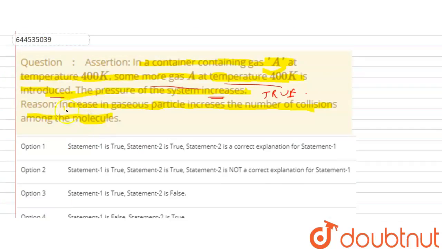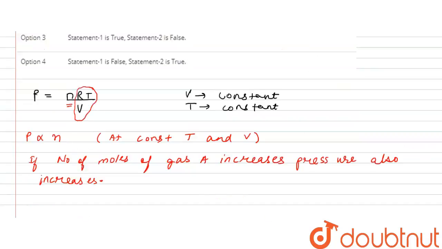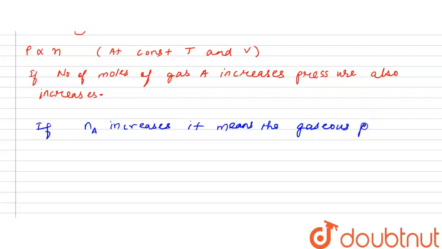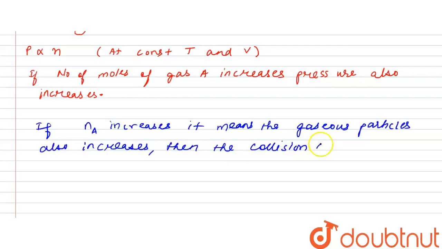Now let's see, the second statement, the reason statement, says that increase in gaseous particles increases the number of collisions among the molecules. So if the number of moles of gas A increases, it means that gaseous particles also increase. And if the gaseous particles increase, then the collisions between the gas molecules will increase.